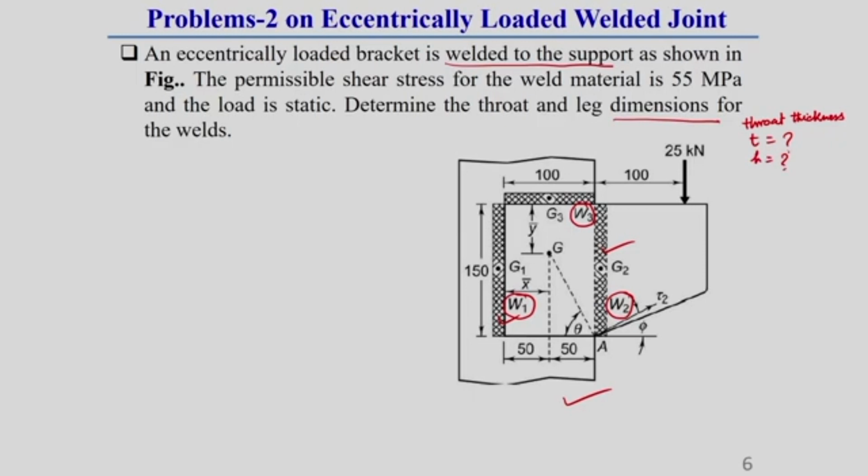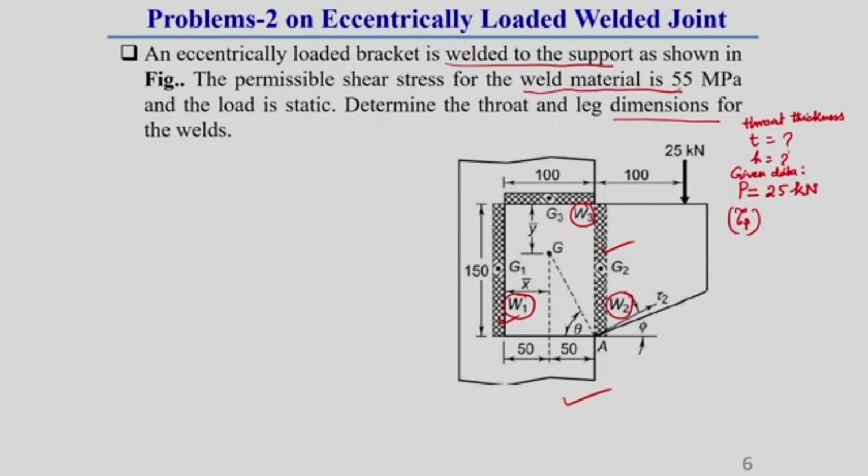Here, what are the things given? The eccentric load P is given as 25 kilonewton. So the given data is P equal to 25 kilonewton, and also the permissible shear stress of the weld material, you should keep this in mind.